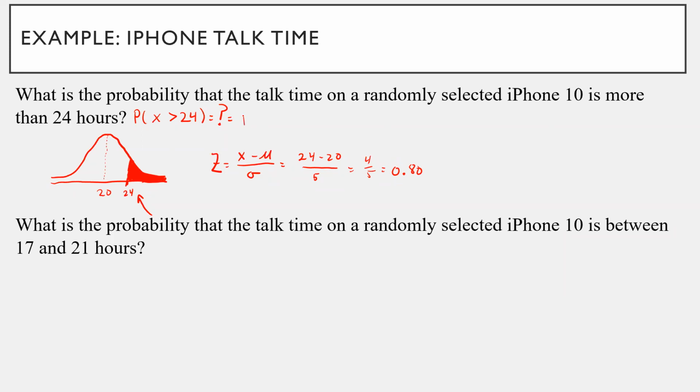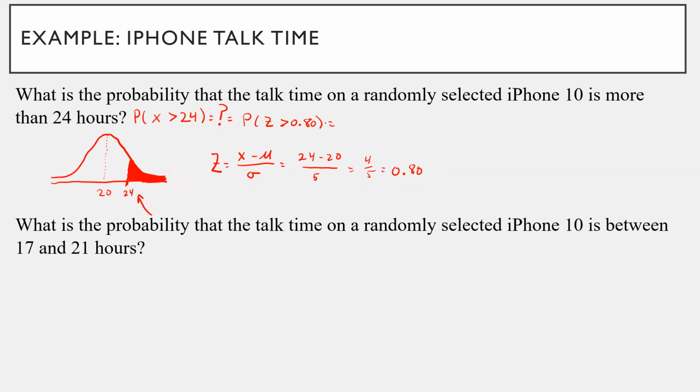Okay, so this is now, what is the probability that the z-score is greater than 0.80? This is an area to the right, because I had my area shaded under the curve to the right. Does anybody remember how to solve this?